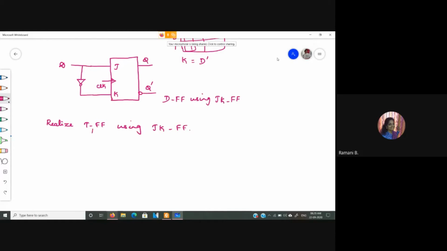So you want this functionality, you have been given a JK flip-flop. So we write the characteristic table of T flip-flop.